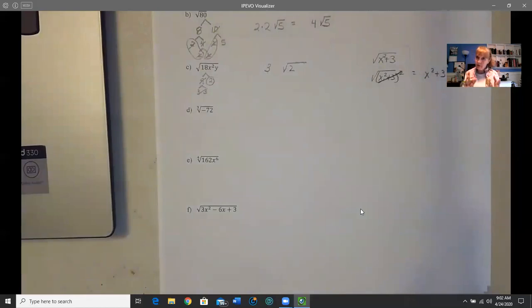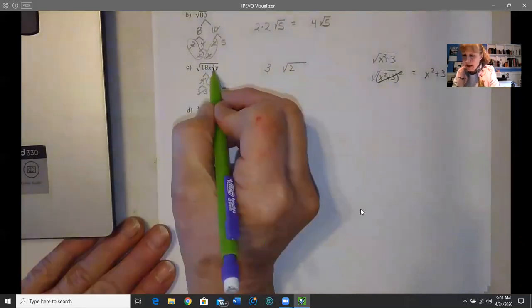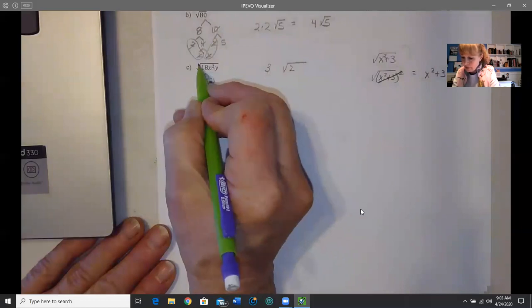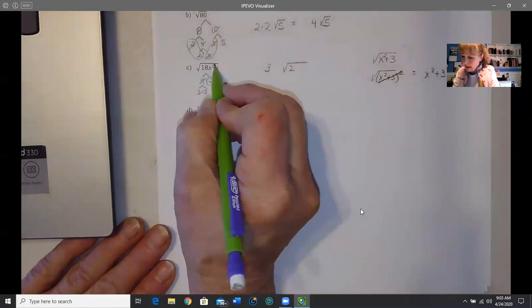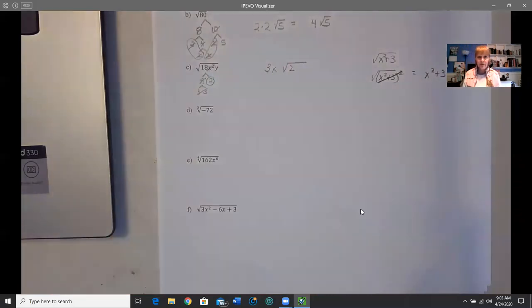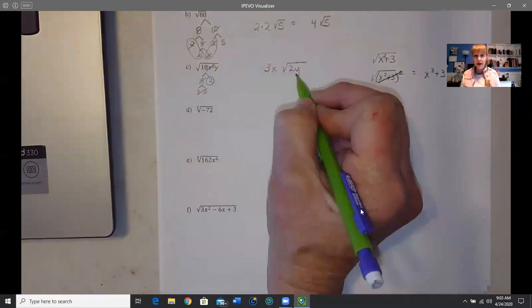Now let's look at our variables. I have 2 of the x's. So if you have 2 of those and we're looking for 2, they'll come out as an x to the first. And the y, I've only got 1 y. Just like I only had 1 2, I've only got 1 y, so it stays inside.